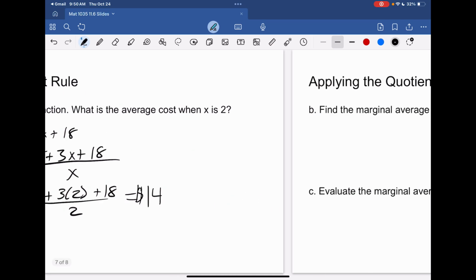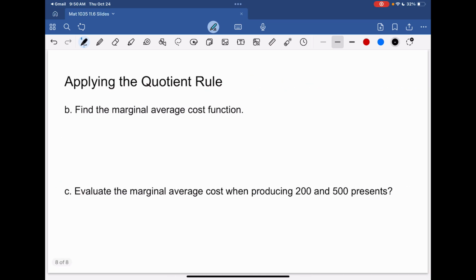Now the marginal average cost function is the derivative of the average cost function, which we figured out to be x squared plus 3x plus 18, all divided by x. So now I want to find the derivative of that function. I'm going to just use that high d low.